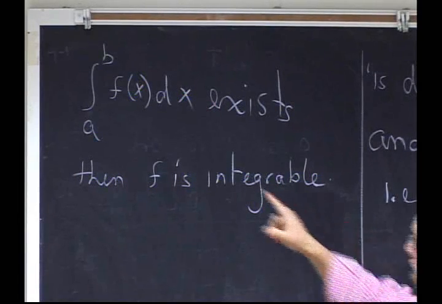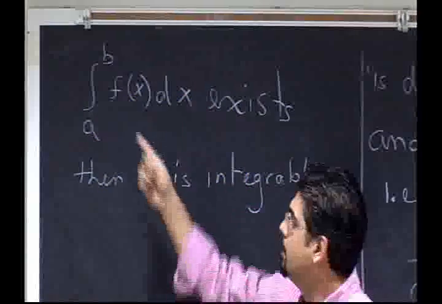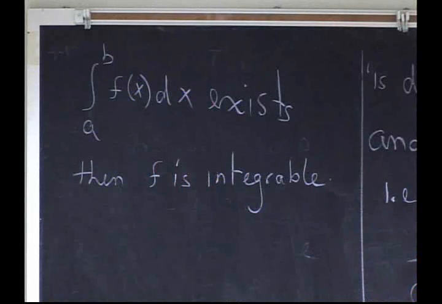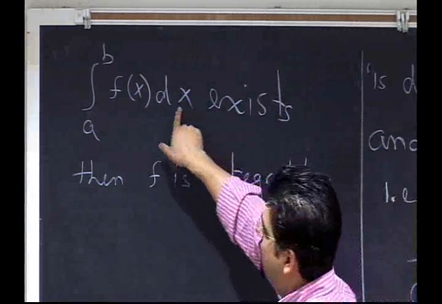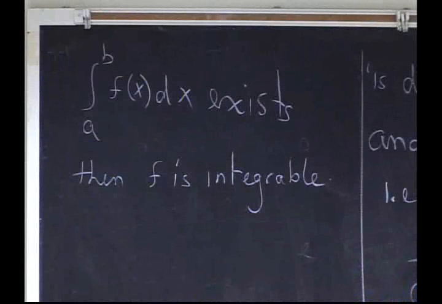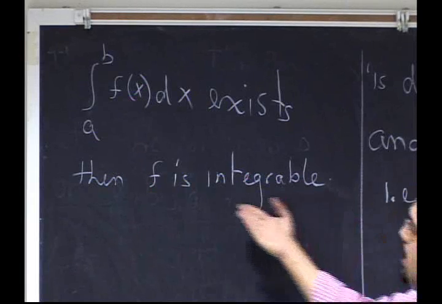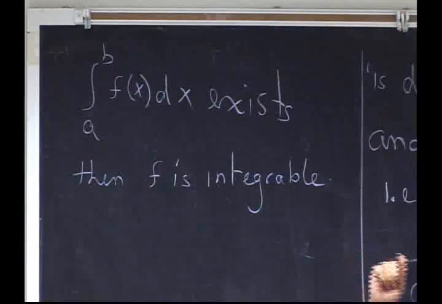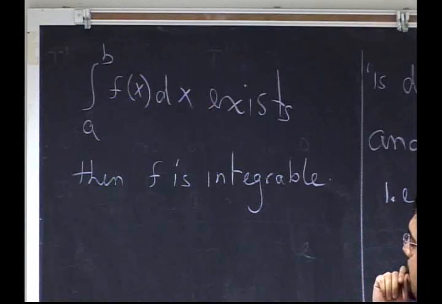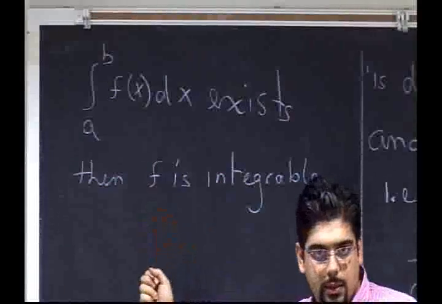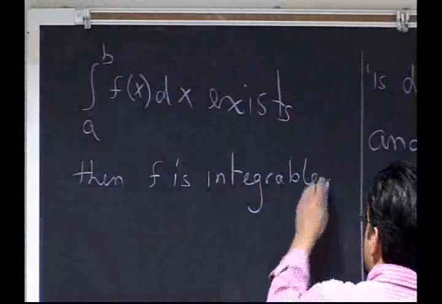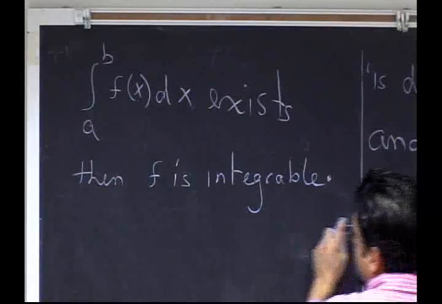It just means that this number exists. Now this number is based on a limit. Whenever we have expressions defined with a limit, we have to be careful because the limit might not exist. So this was defined as the limit of the partition norm going to 0 of the sum. So if the limit doesn't exist, this number doesn't exist. If the limit exists, we just say that this function is integrable. Now, for the fundamental theorem to work, we're requiring that f be continuous. So it's not enough that f is integrable, but it has to be continuous.